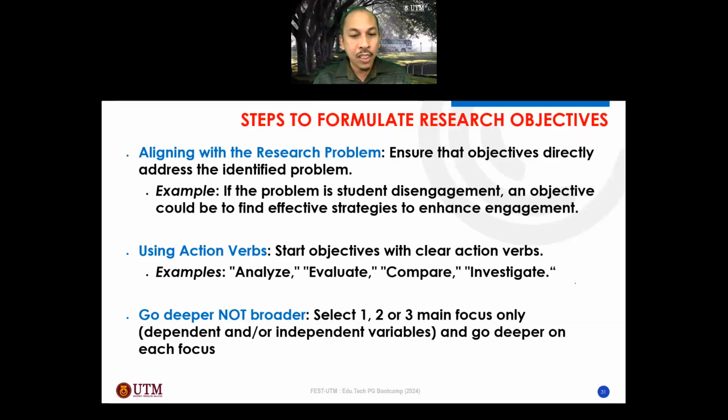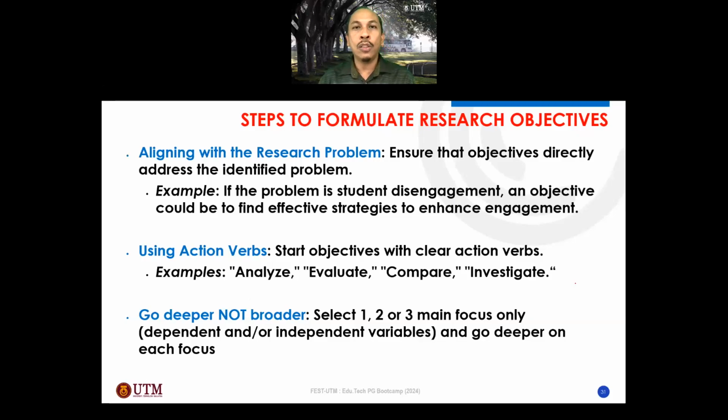You need to confirm, as I mentioned earlier, if you talk about engagement, so your research problem is about engagement, your research objective needs to focus on engagement, not perception, not acceptance, not motivation, not performance, even though you can add that, but your main research objective needs to be aligned with the research problem, which is engagement.